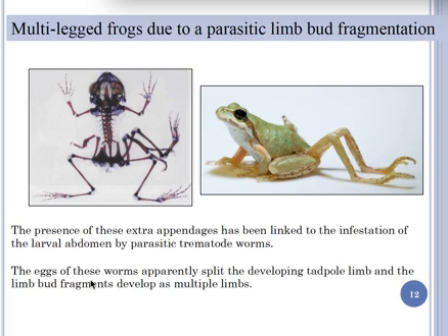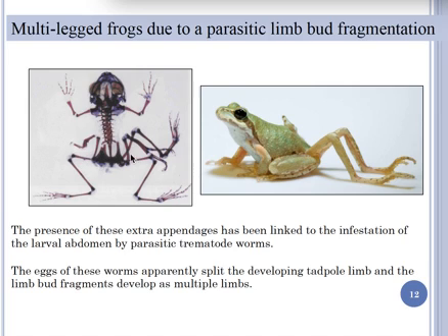These worms laid eggs, and these eggs split the tadpole limb into different fragments, and each fragment of the limb bud developed into a full limb. That's why we got multiple limbs. For example, on the left side here, the limb field has been split into 2 parts, and we got 2 forelegs.